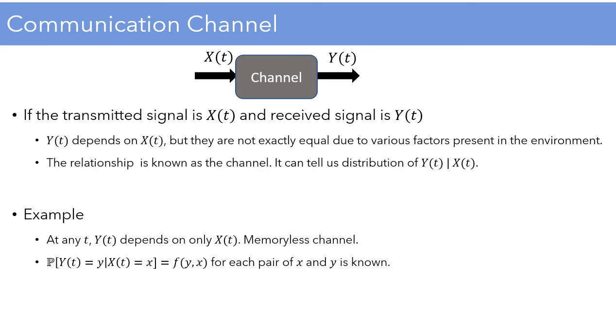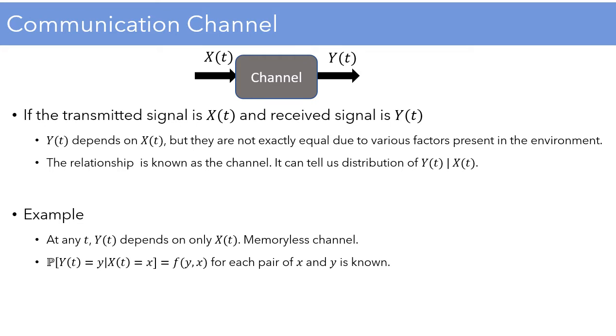So suppose at any t, the received signal at that time is only dependent on the transmit signal at that time. We call such channels memoryless, which means that the output does not depend on any previous input, previous transmit signal. It only depends on the current signal. For example, yt equal to 2xt.